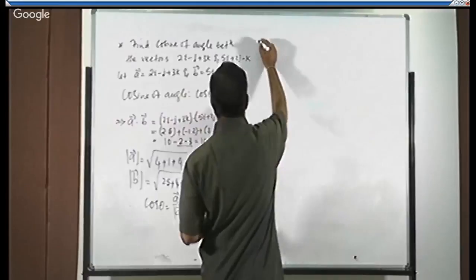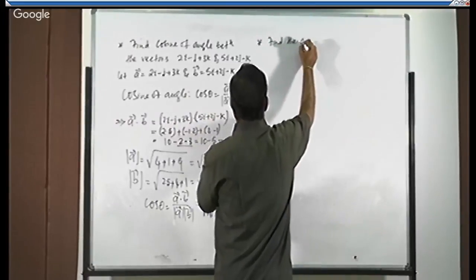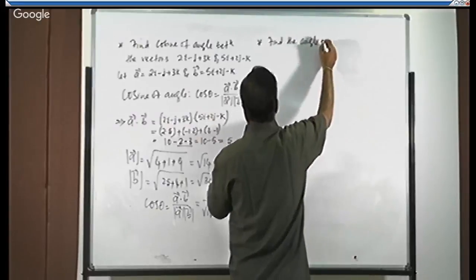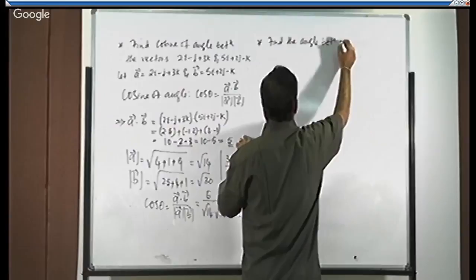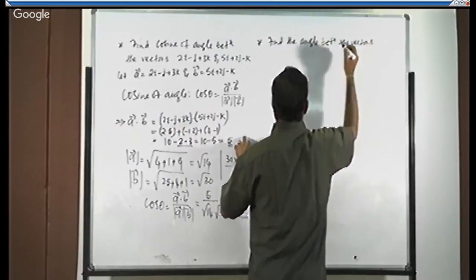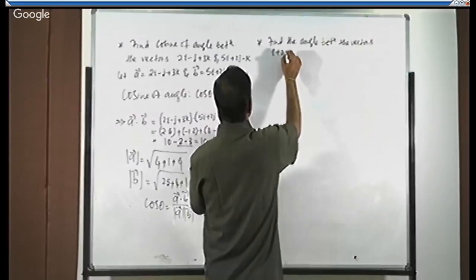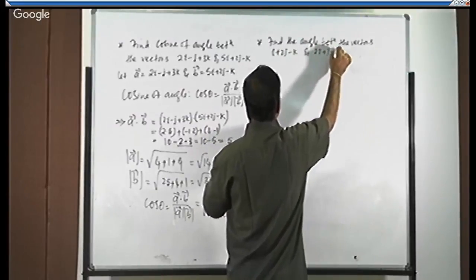Next one, find the angle between the vectors i plus 2j minus k and 2i plus j plus k.